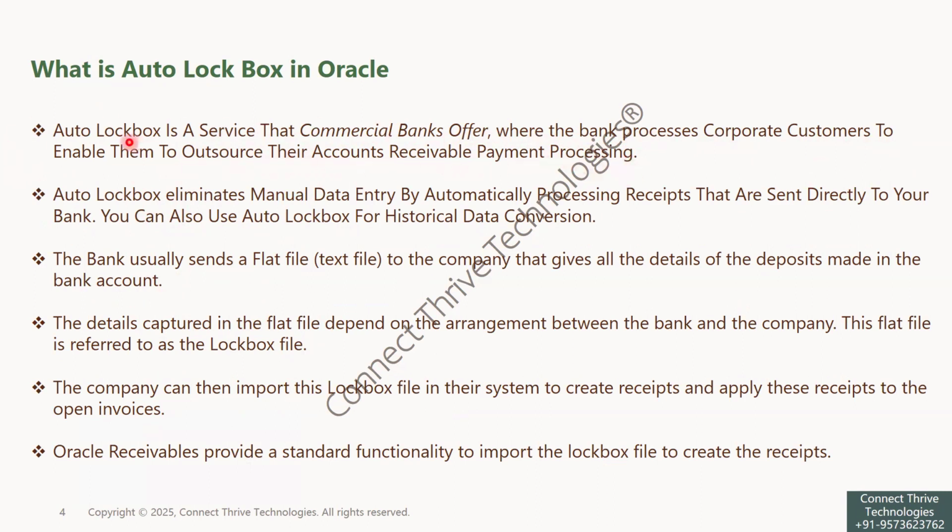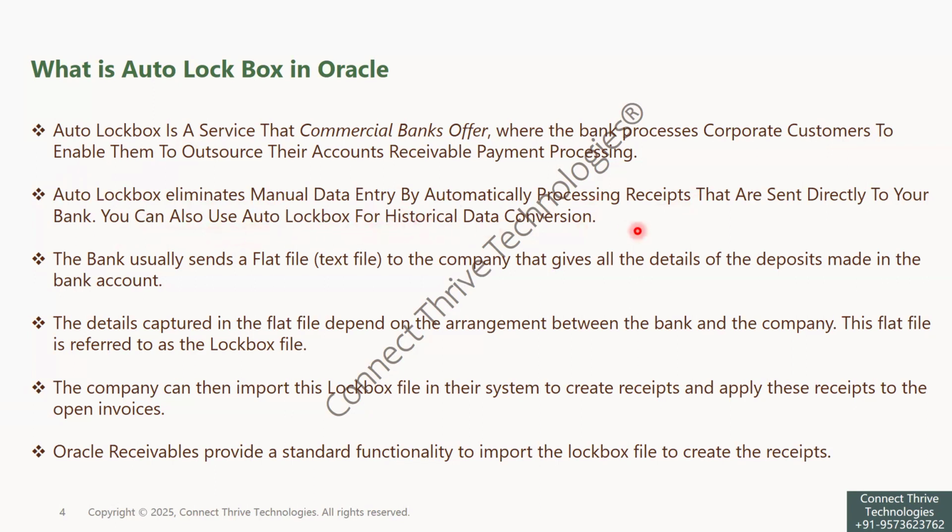So Lockbox is a service offered by commercial banks to companies to collect customer-related amounts in their AR payment processing. Okay. So Autolockbox eliminates the manual data entry by automatically processing the receipts that are sent directly to your bank, and you can also use Autolockbox for historical data conversion.